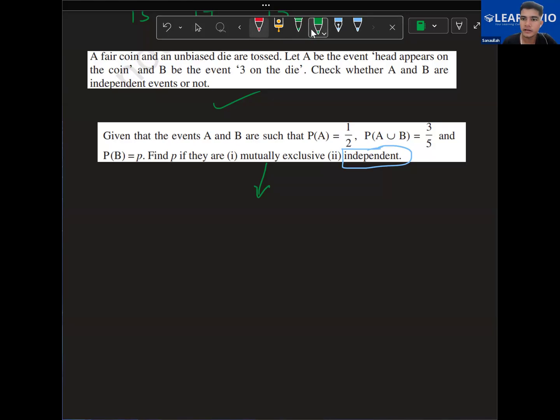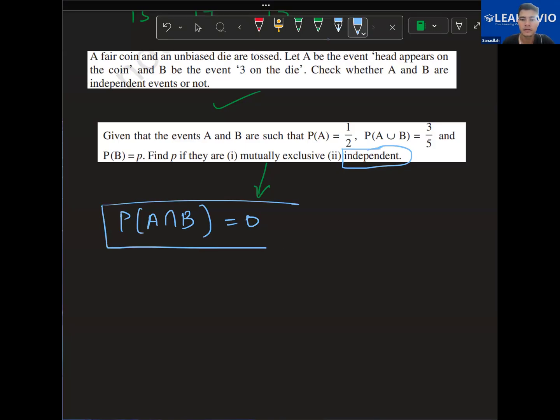Mutually exclusive means the probability of the intersection part is zero. A intersection B is zero. This is mutually exclusive.